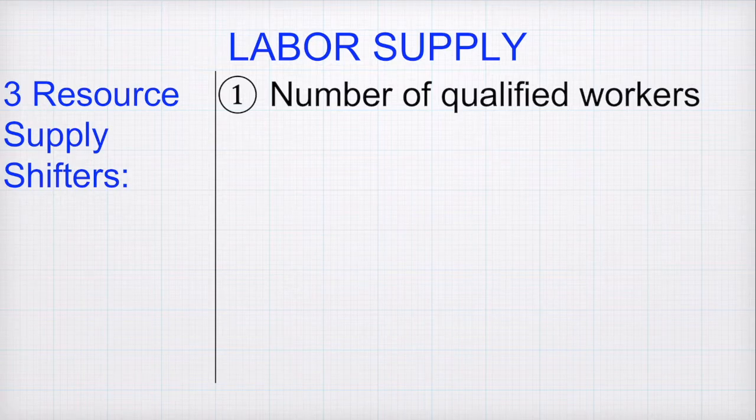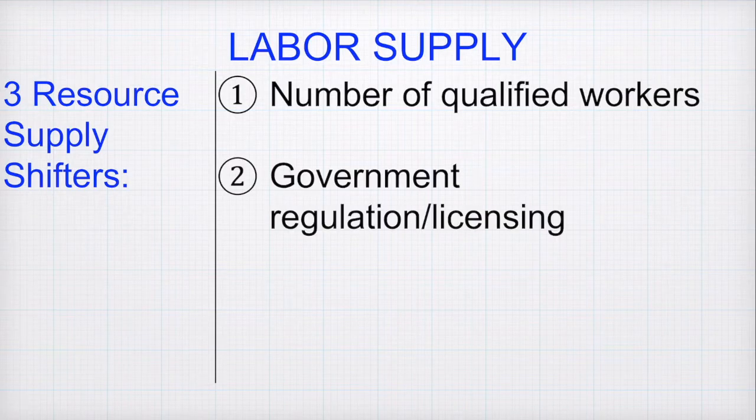So, how many workers you have in a particular industry? How many veterinarians there are will determine their compensation, right? The supply of brain surgeons versus the supply of unskilled labor. So the amount of workers that are qualified for a specific job will determine the labor supply.